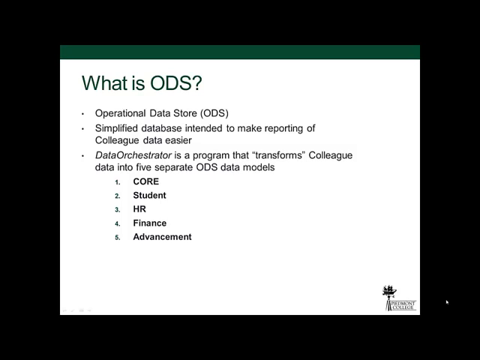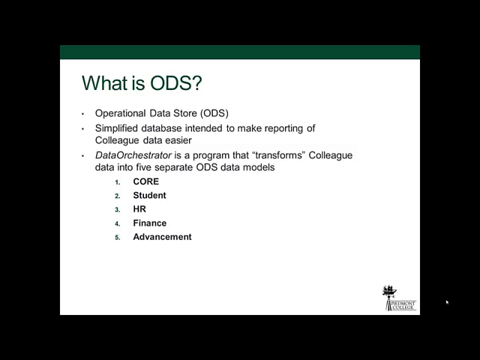As Colleague evolved, the underlying database became fairly complex and difficult to work with directly by the average Colleague user. As a result, a separate simplified database called the Operational Data Store, or ODS, was developed to facilitate report writing. A Colleague program called Data Orchestrator is used to create the ODS.